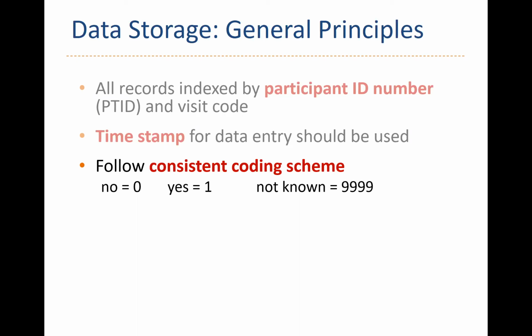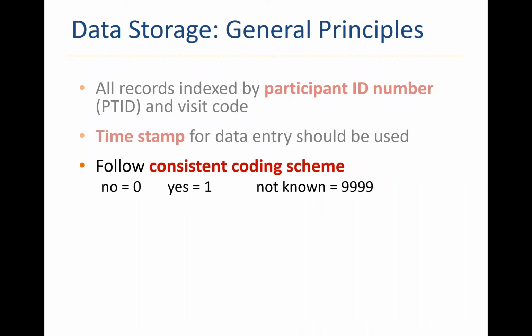Most of the time, especially if we're using this for research or analytic purposes, we're going to want to numerically code our variables. For categorical variables, whether they be yes/no binary variables or lots of different options, we want a consistent numerical coding.